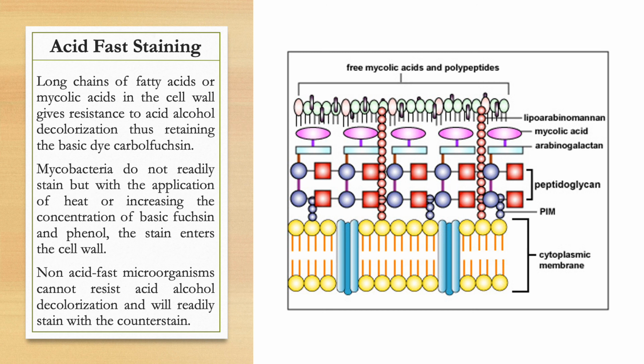All right, so mycobacteria, once they are stained, cannot be decolorized even with acids. So they are called acid fast, meaning they hold fast in the presence of acid. All right, so non-acid fast microorganisms cannot resist acid alcohol decolorization and will readily stain with a counterstain.